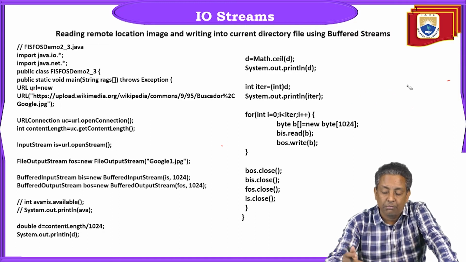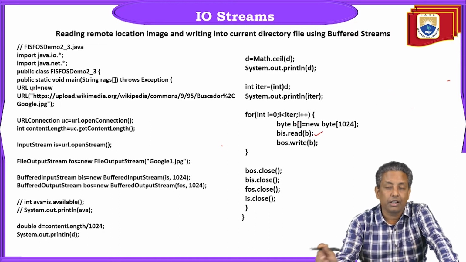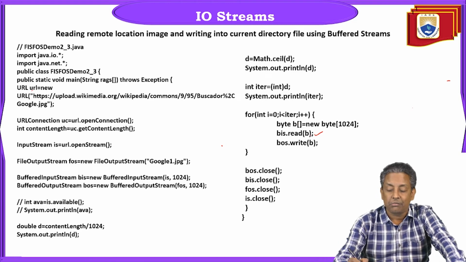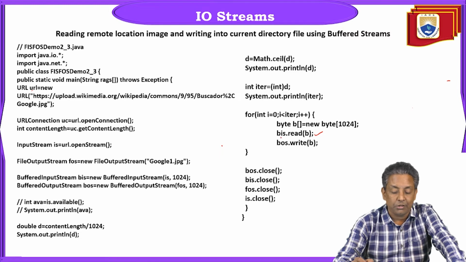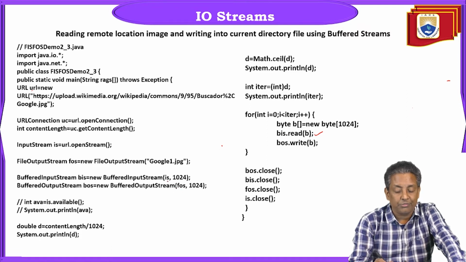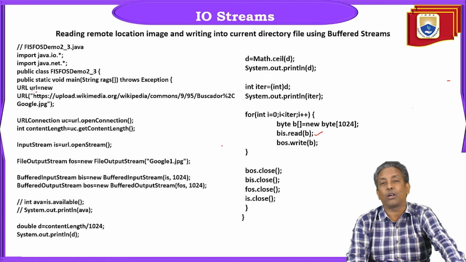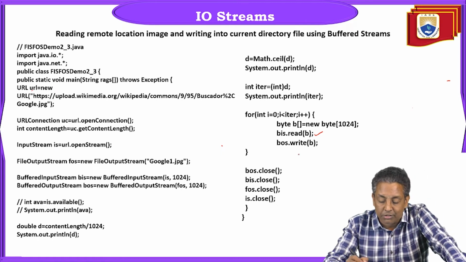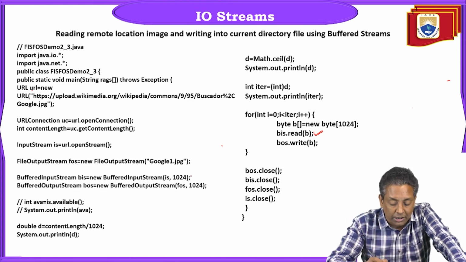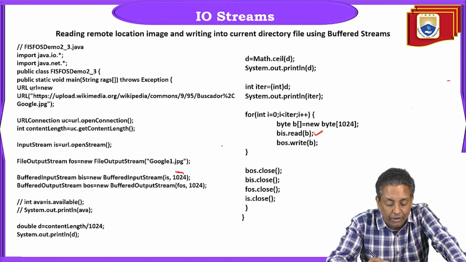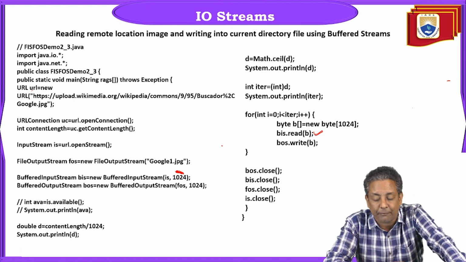In the BufferedInputStream read method, I am giving this byte array. The BufferedInputStream read method with an empty byte array will read from the BufferedInputStream, which points to the FileInputStream, which points to the URL. This read method will read 1024 bytes at a time, because in the constructor we explicitly told the BufferedInputStream to read 1024 bytes each time.